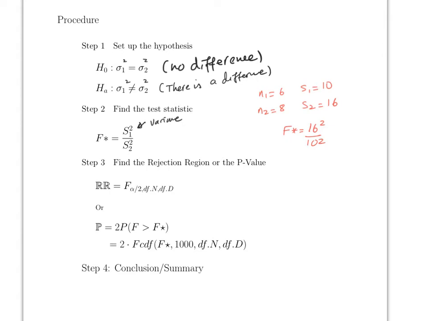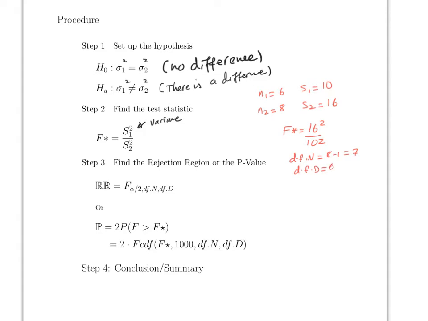Now, since S2 is now in the numerator, as you can see from here, the degrees of freedom for the numerator is going to be this one, N2 minus 1, which will be 7, and the degrees of freedom for the denominator is going to be this one, since this is in the denominator now, minus 1.